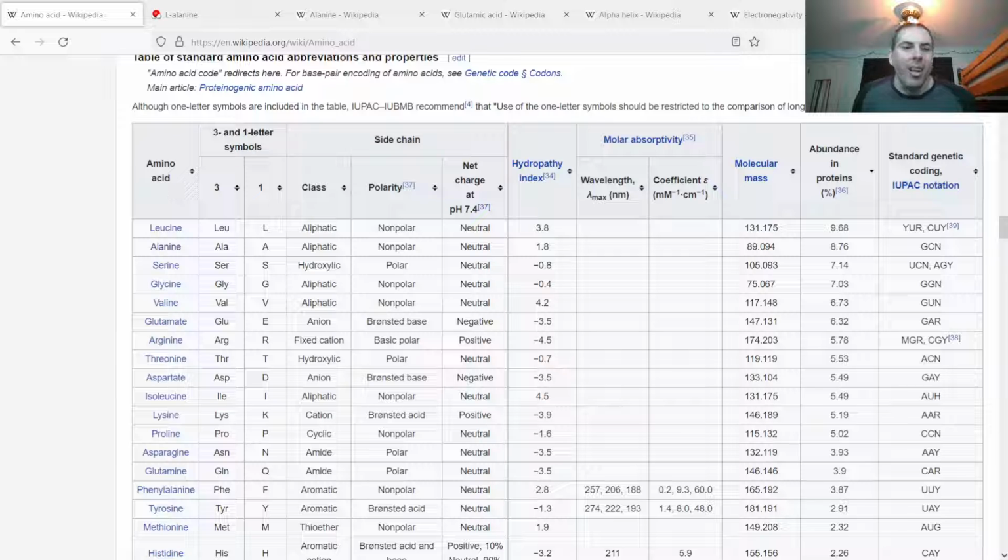Okay, you can see alanine here, second in the list after leucine, again sorted by abundance in protein. So roughly 9% of amino acids in proteins are alanine.